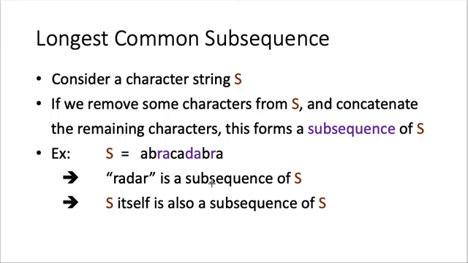So radar is a subsequence of S by this definition. Now, we may also allow that we do not need to remove any characters. So in that case, the string S itself is also a subsequence of S.